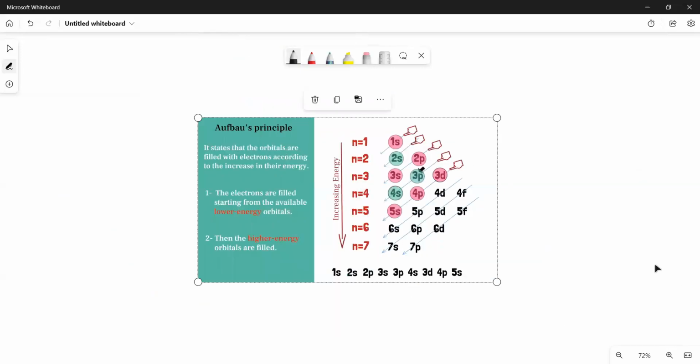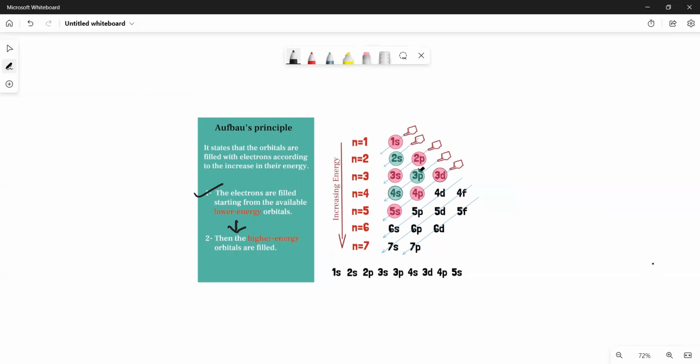So this is the Aufbau principle. What it states is that the orbitals are filled with electrons according to the increase in their energy. The electrons are filled starting from the available lower energy orbital and then they go to the higher energy orbitals. Now you see that n equal to 1 is only 1s.